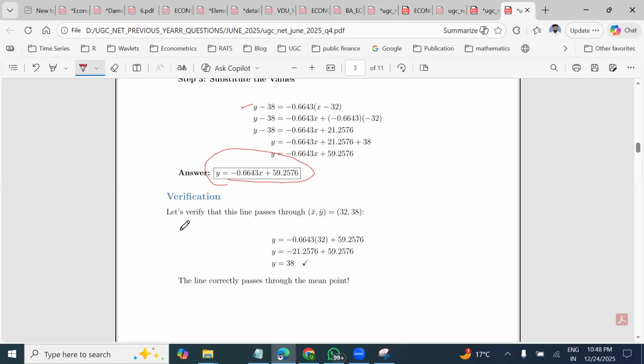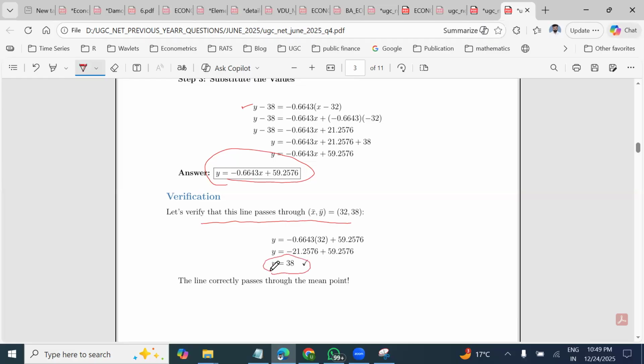Similarly, you will do the rest. How can you verify? This is also very important, because you have already estimated this. You already know that your regression line passes through the mean values x bar and y bar, so 32, 38. If you put the x bar value here, you will get the y bar value.